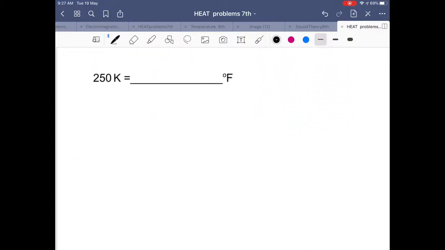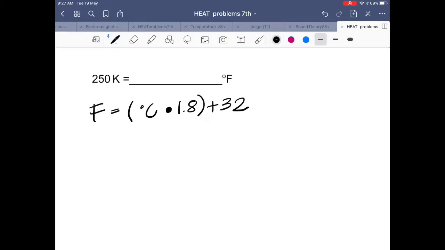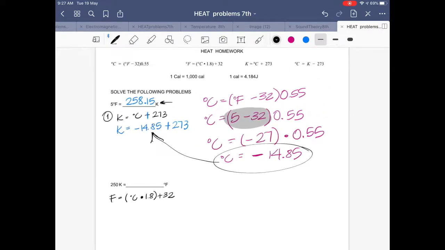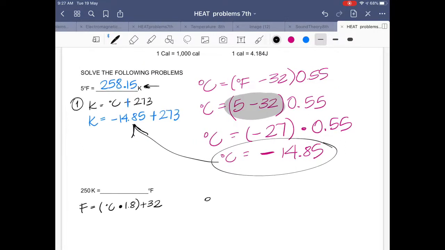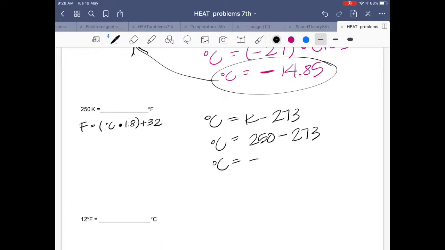Now in the next one, you're searching for Fahrenheit. So you put your formula: Fahrenheit equals degrees Celsius times 1.8 plus 32. You don't have degrees Celsius, so you go to your formulas and see that they're giving you Kelvin. In this one you don't have Kelvin, in this one you do. So degrees Celsius equals Kelvin minus 273, so 250 minus 273 is negative 23.